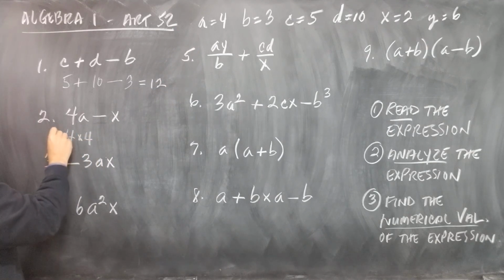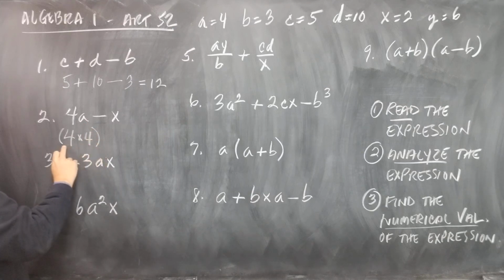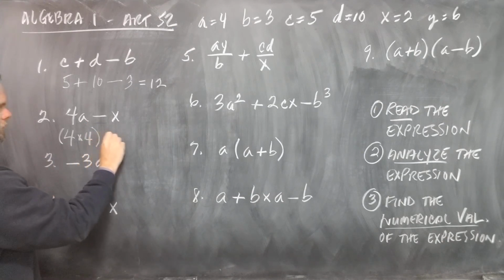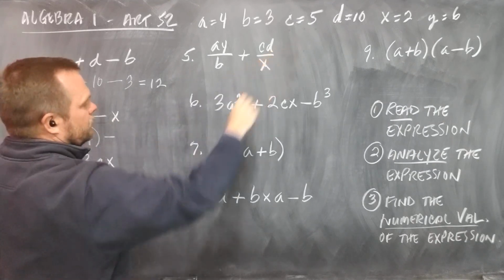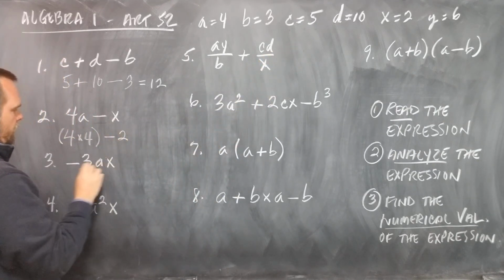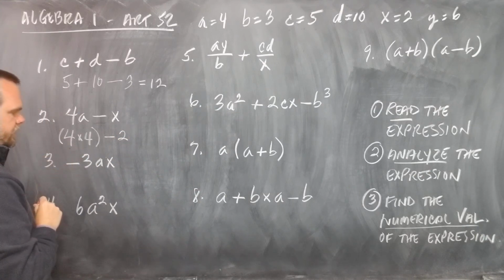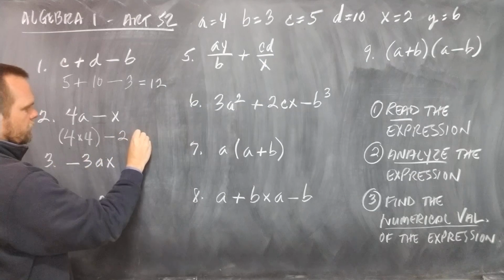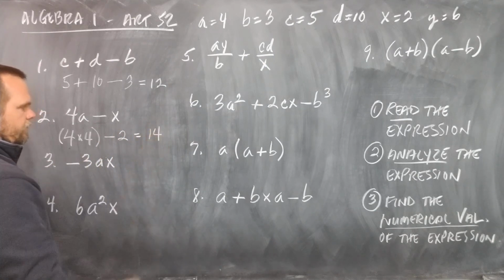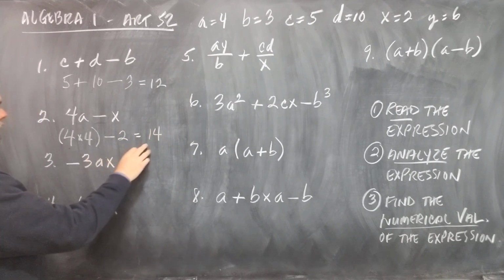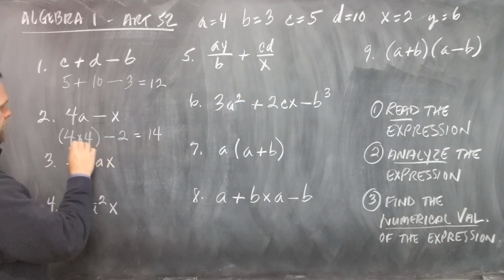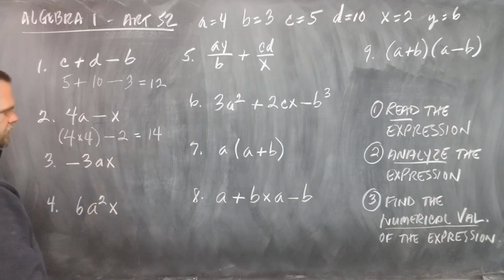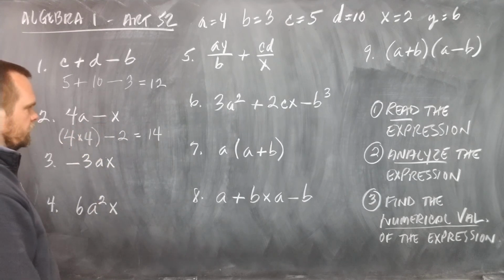I'll put this in parentheses because this is one term. 4 times 4 minus the value of x, which is 2. 4 times 4 makes 16, and 16 minus 2 makes 14. So the numerical value of the expression 4 times a minus x is 14. That's number 2.